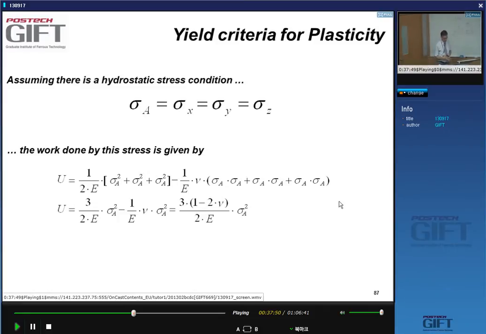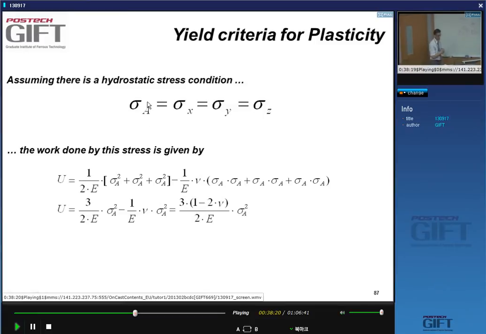Now this approach has an interesting property. Well, first of all, let's just assume that we only have hydrostatic stress, that this sigma a is equal to sigma x, sigma y, and sigma z.